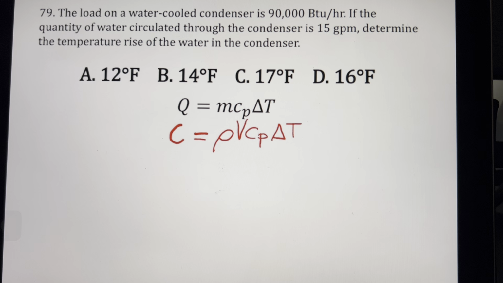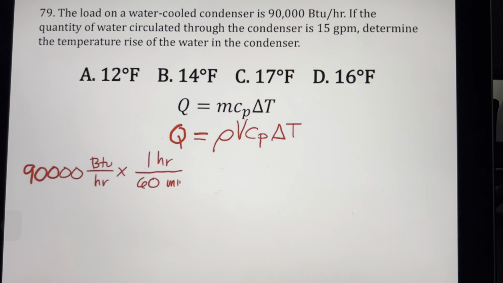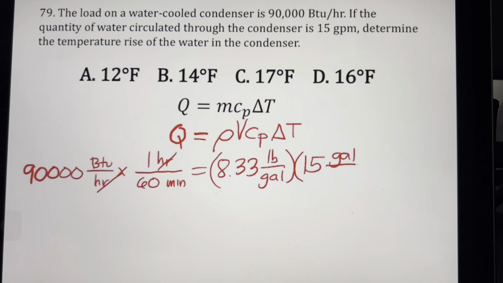Okay, so what is our Q, or the load? That is 90,000 BTU per hour. So we could convert that per minute. That will be 1 hour per 60 minutes. It's equivalent to the density of water, 8.33 pounds per gallon. That's our volume flow rate, and that is 15 gallons per minute.